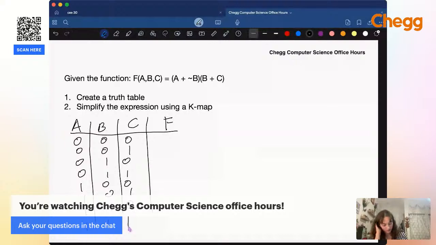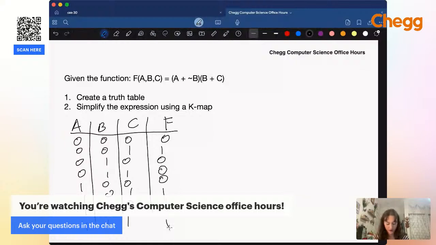All right. So for all of these being false, that will be 0. This will be 1. That will be 0. 0. 0 1. 1 1.